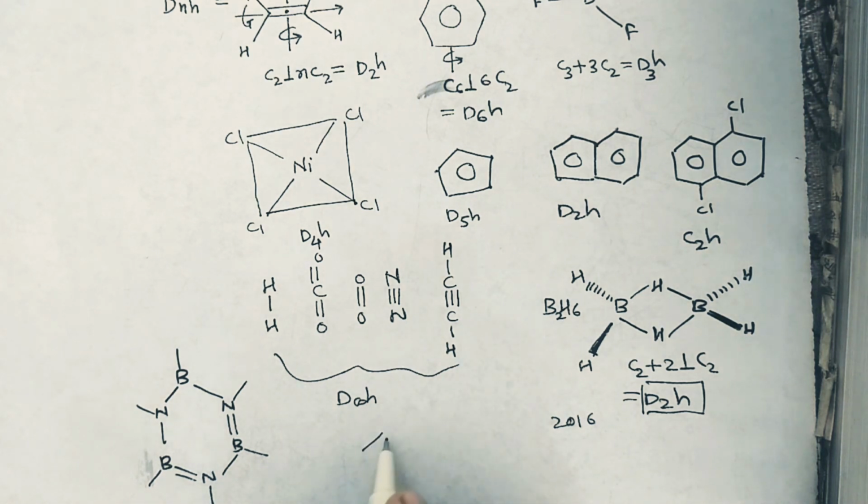Ferrocene, one of the organometallic compounds, has point group D5h.